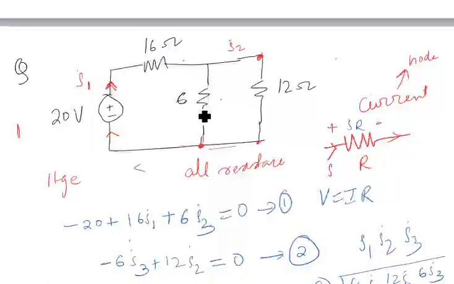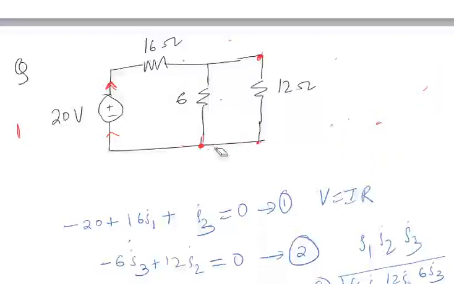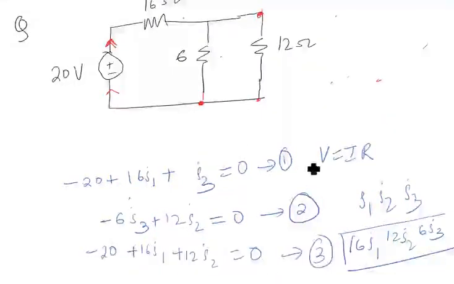This was the initial circuit. I am not changing the initial circuit. Whatever I have assumed, I have replaced. No assumption is there. I will tell you one thing: before going for Thevenin's, you must calculate I1, I2 and I3, and you must calculate the voltage across 12, 6 and 16.